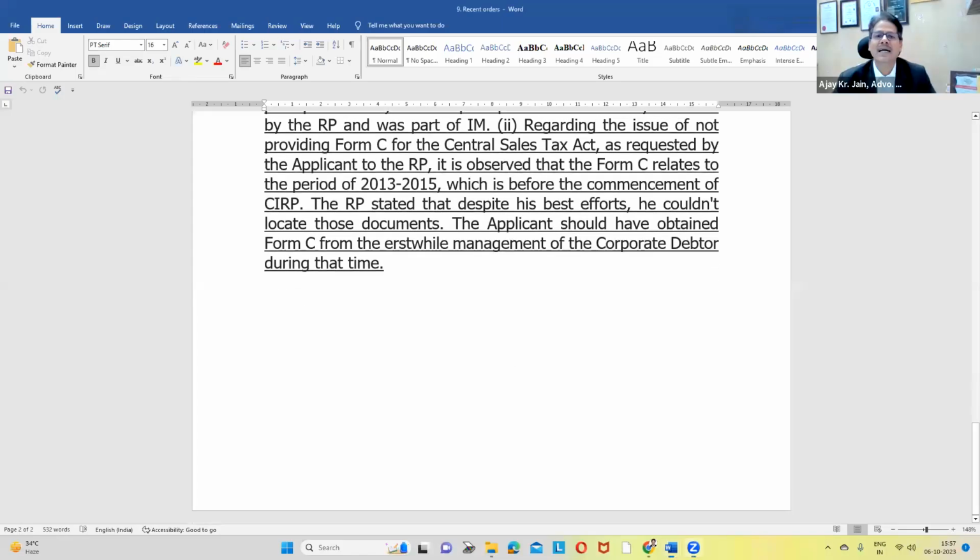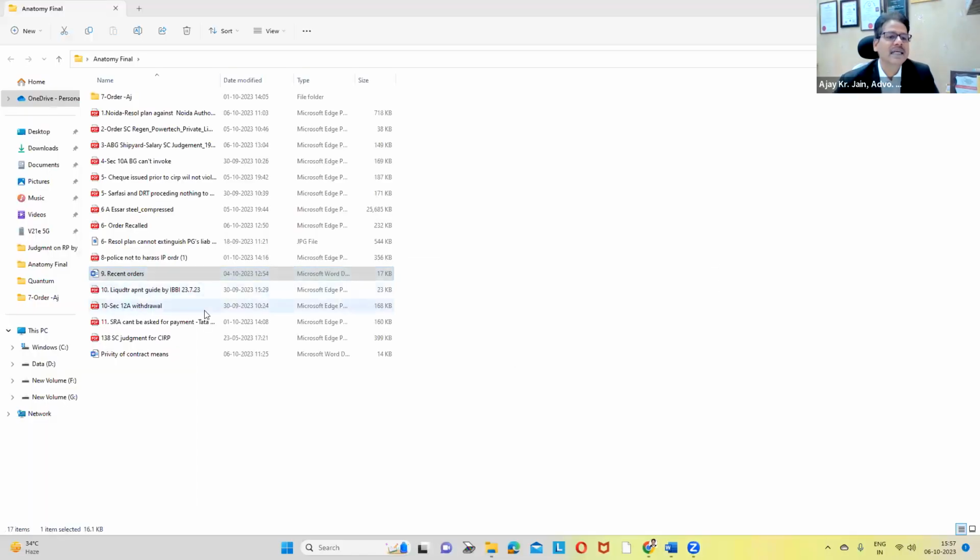Now come to the resolution plan. We have already discussed the judgment. How many of you are aware of the letter issued by the IBBI to the adjudicating authority or NCLT regarding appointment of liquidator?